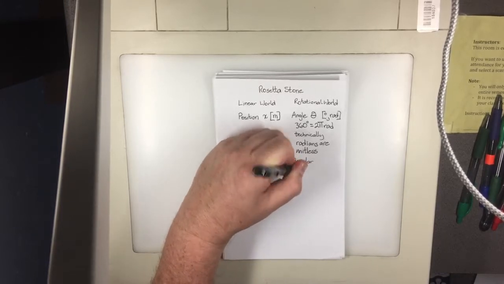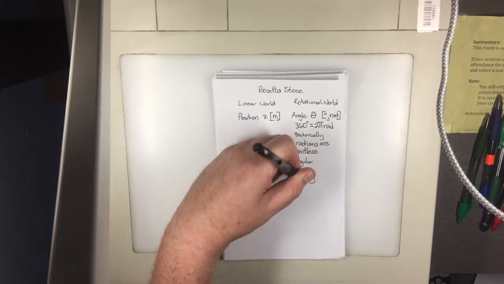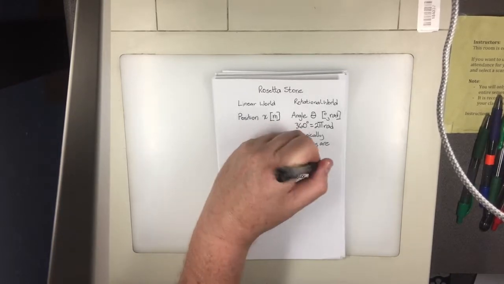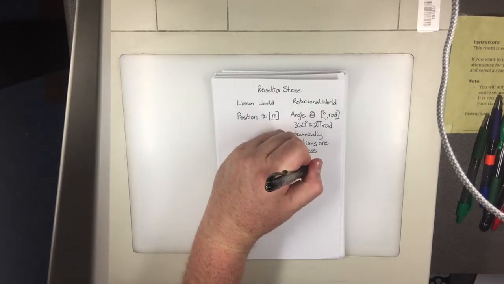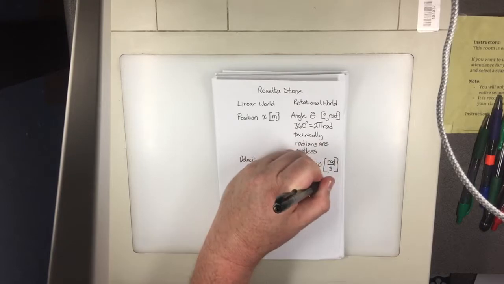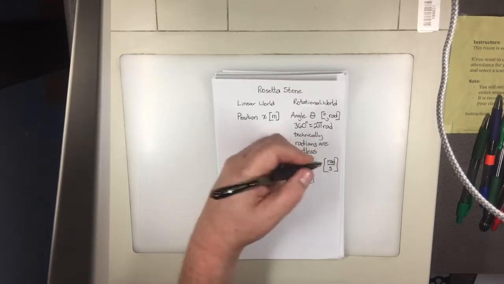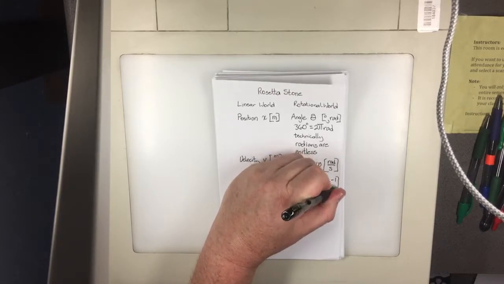Oop, I can't spell. Angular velocity has a symbol, and it is a lowercase omega. It is usually in radians per second, or since radians are unitless, you can just write it as inverse seconds.